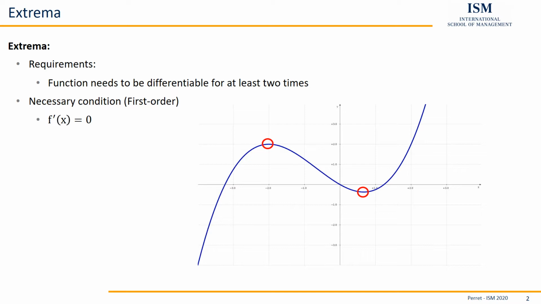If you consider the slope, you see that before we get to the first extremum, the one at -2, the slope is positive.